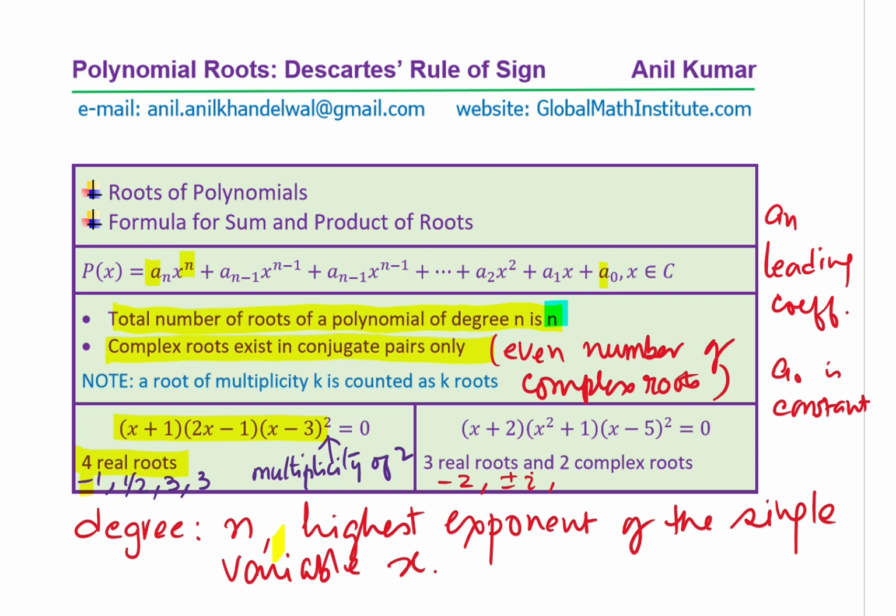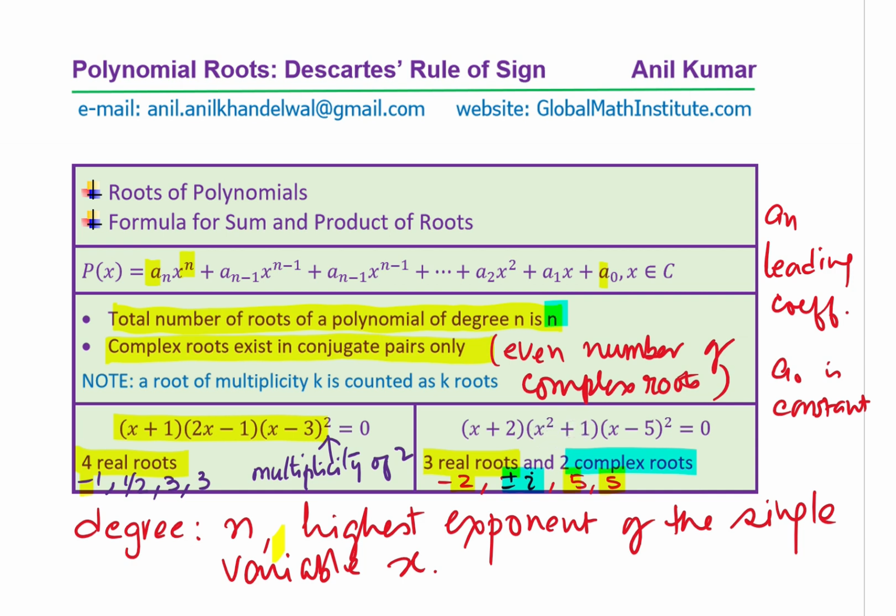And then we have two roots here also, because the multiplicity is 2. So it is 5, which is repeated twice. You see that? So we have 3 real roots and 2 complex roots. You get the idea. Minus 2 and 5 being repeated are the 3 real roots, and then we have 2 complex roots, which are plus and minus i in this case for x squared plus 1.